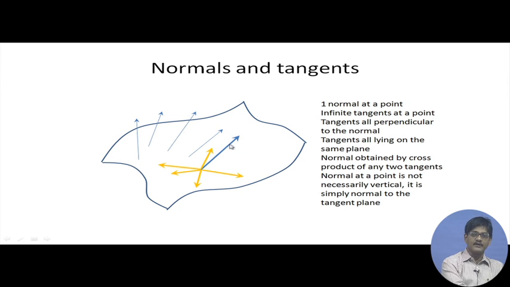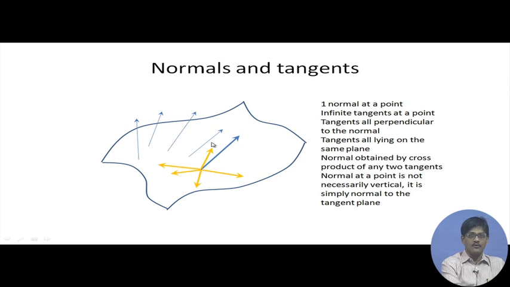How is this normal defined? The normal happens to be perpendicular to all these tangents which are present at this point on the surface, which means the normal can easily be computed by the cross product of any two tangents. So, if you are interested to find out the normal at a particular point, you can simply find out two tangents at that point on the surface and find the cross product between them, which will yield the vector in the direction of the normal.